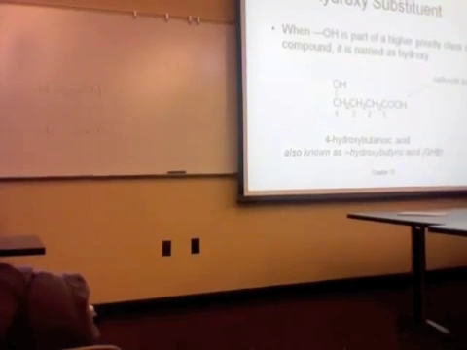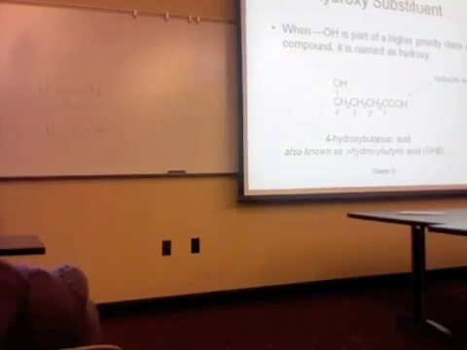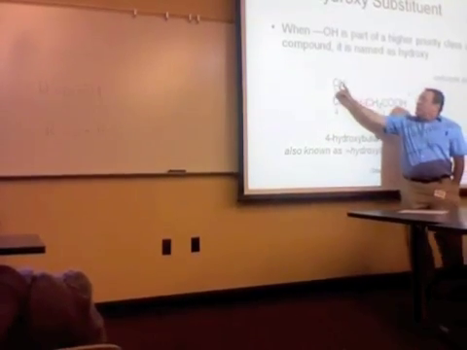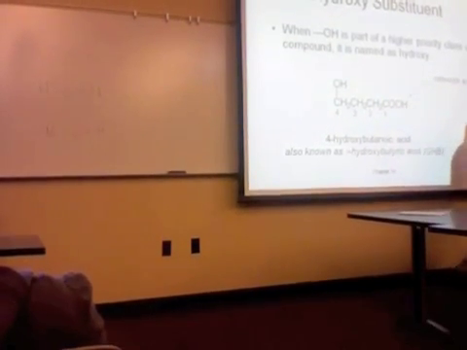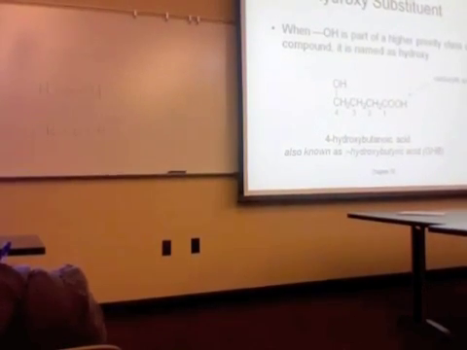That structure has to be at the end of the chain in order to exist, and so that will be carbon number 1 under all circumstances. And everything else will be given a number. If my alcohol has been deprioritized, I call it a hydroxy group and give it a number. So this is 4-hydroxybutanoic acid.